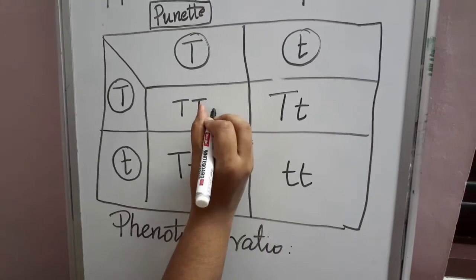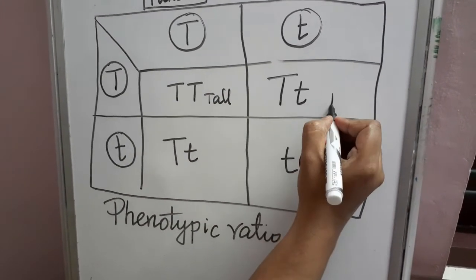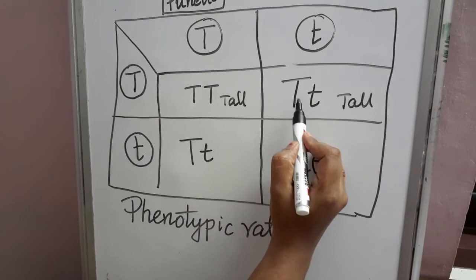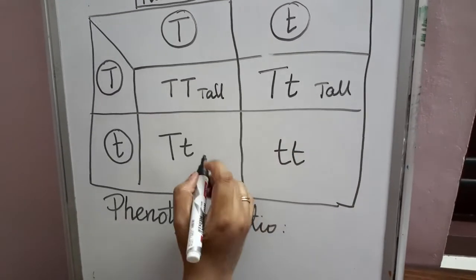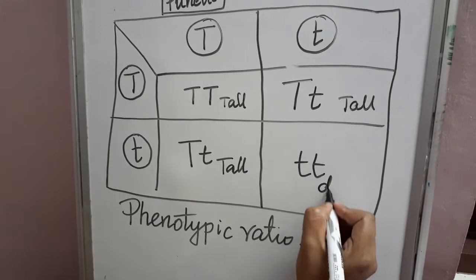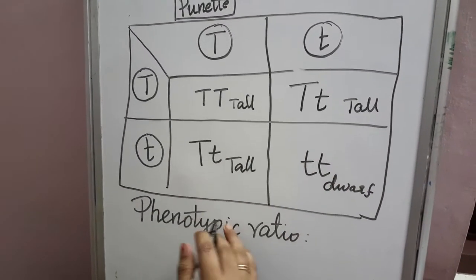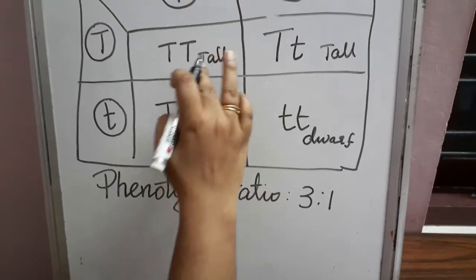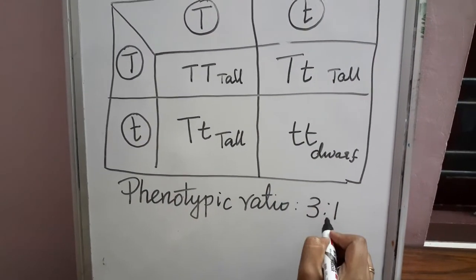This will be tall, this is also tall because capital T is dominant over recessive t, this also is tall, and this one will be dwarf or short. So the phenotypic ratio will be 3:1. Physically, three plants will be tall and only one will be dwarf.